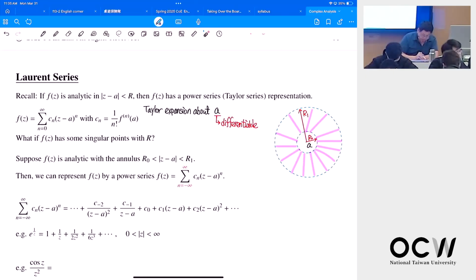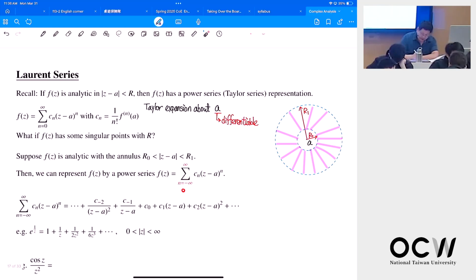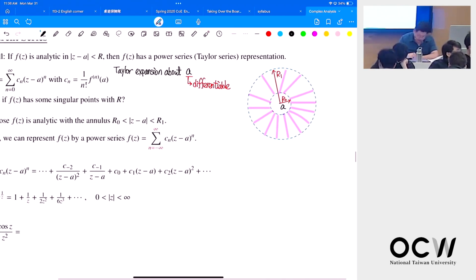So we can represent this complex function by the power series, and this power series is a little bit different. You can see that n is from negative infinity to infinity, rather than 0 to infinity. And if we expand that summation from negative infinity to infinity, then we have the coefficients from negative numbers up to positive numbers.